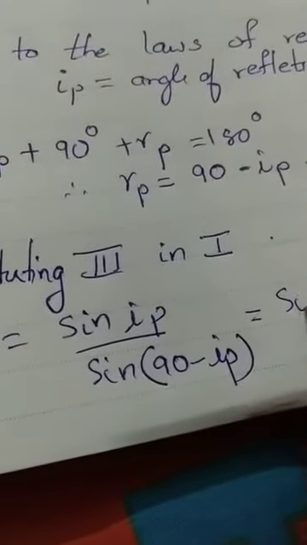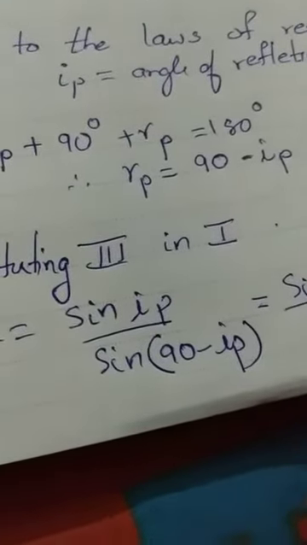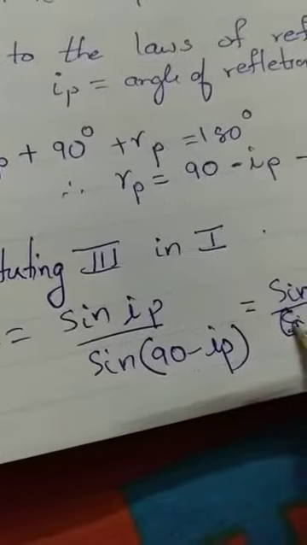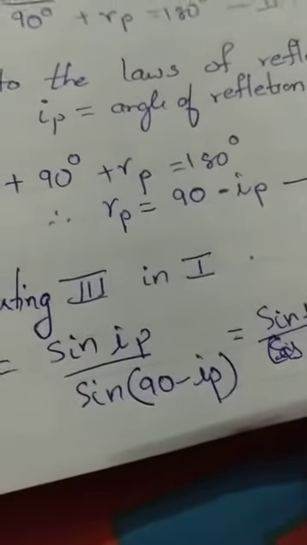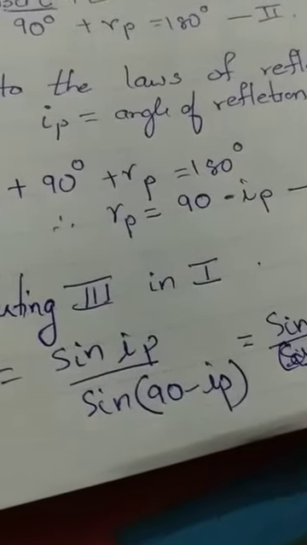That is equal to sine of IP upon cos of IP, which is equal to tan of IP.